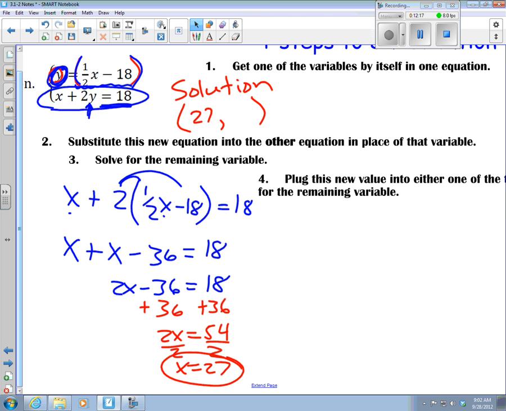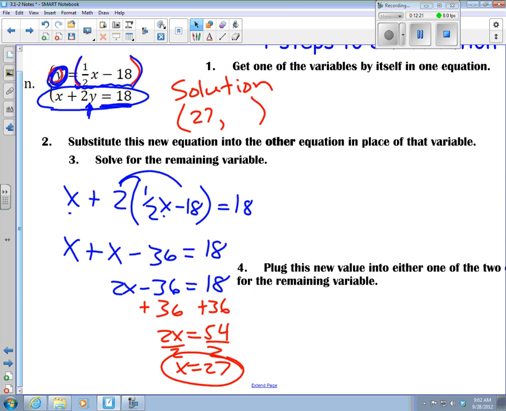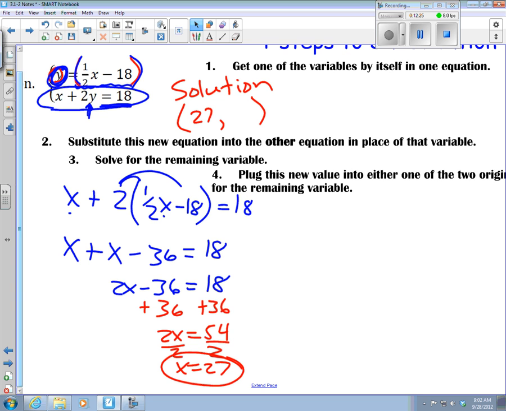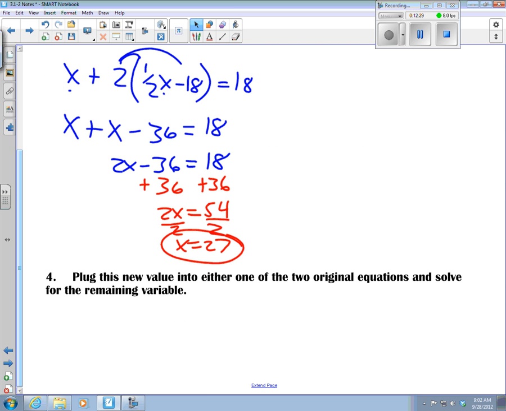Well, let's see if I can get this down here somewhere. Plug this new value into either one of the 2 original equations and solve for the remaining variable. Well, I know this, x equals 27.